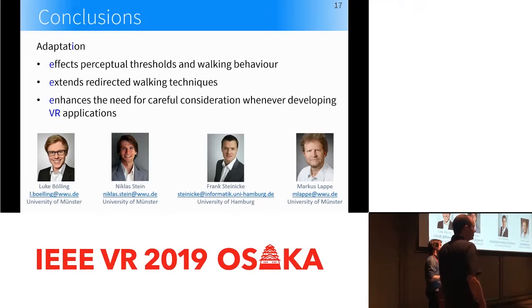And that is actually dangerous, and that will also have an impact on the time that, after a redirected walking experience, they have to wait until they're allowed to drive a car, or even just go on the street, cross the street or something.